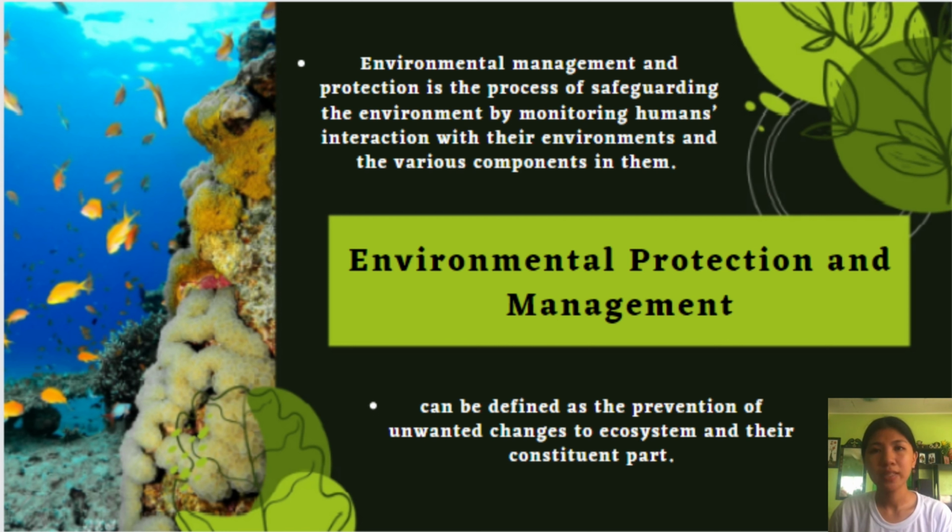So it means when someone or an organization or a government prevents, or sa Bisaya pa ang pagpugong sa gustong kausaban, maghatag og kadaot sa atong katilingban. And that is the answer to the question, what is environmental protection and management all about?